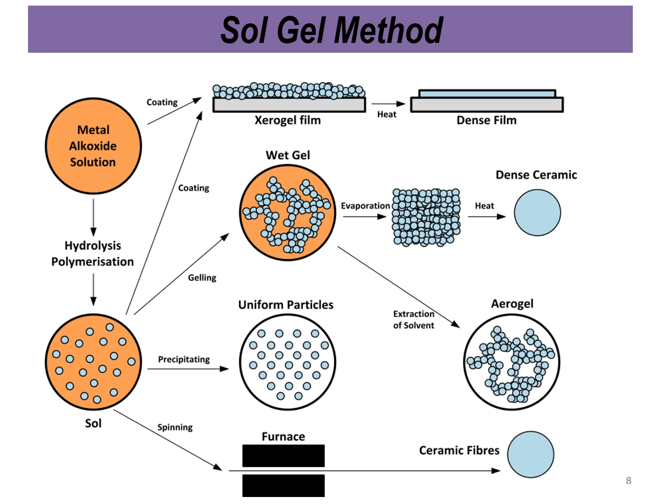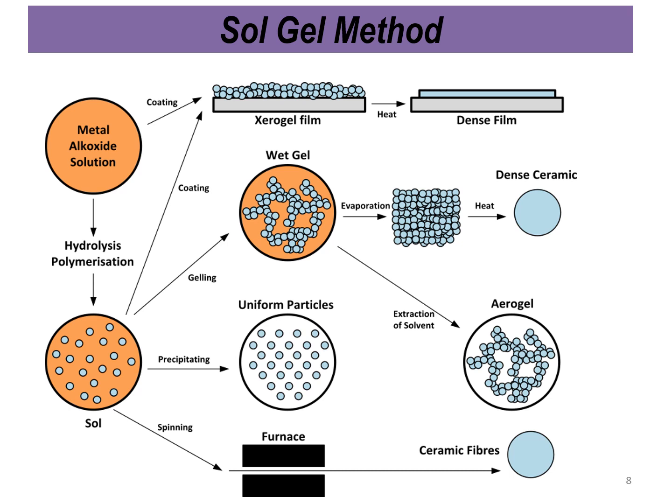Similarly, from the sol, through the process of precipitation, we obtain uniform gel particles, but these are basically colloidal particles, in which the solvents and trapped gases are present in the reaction medium.